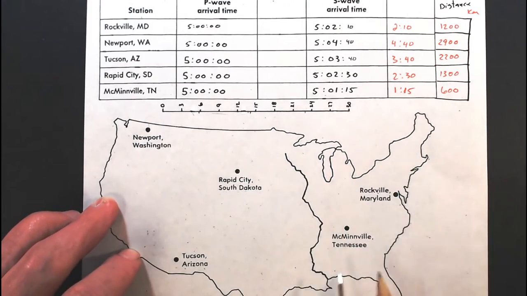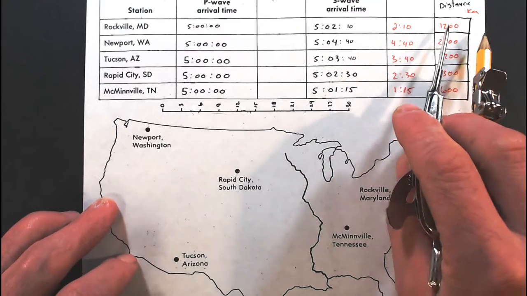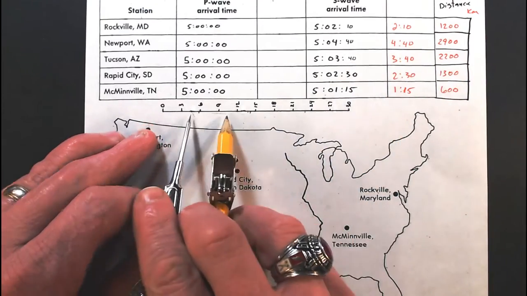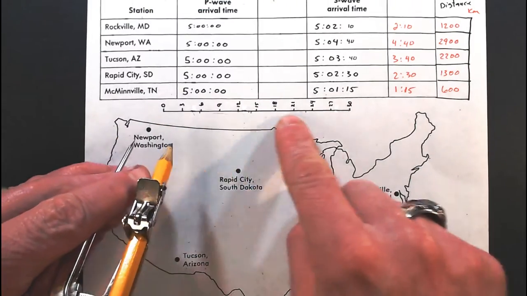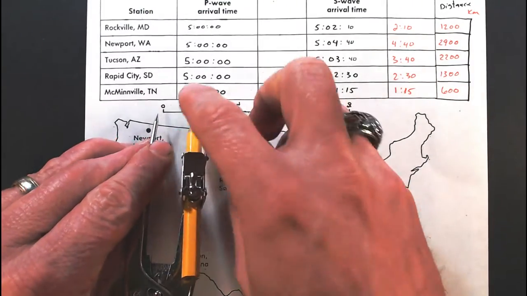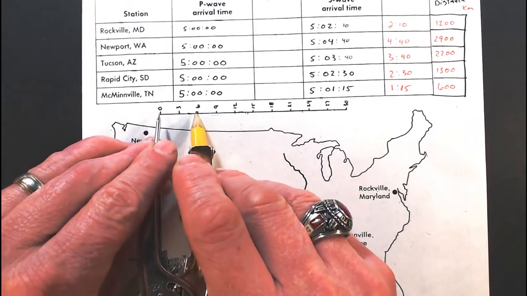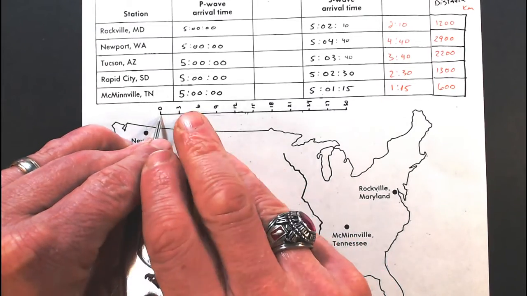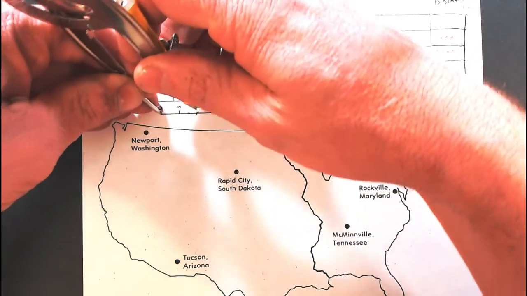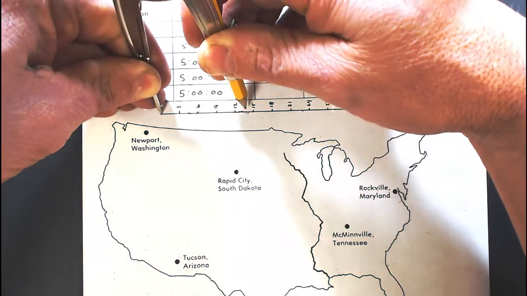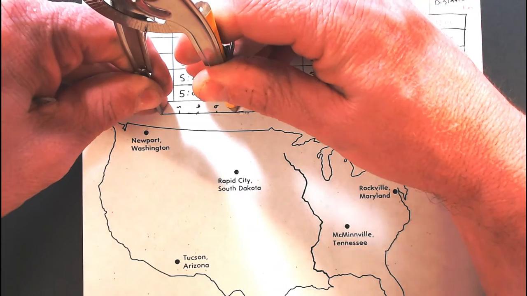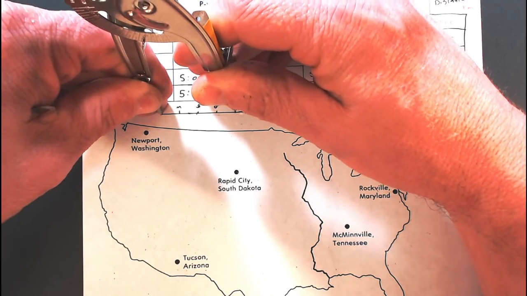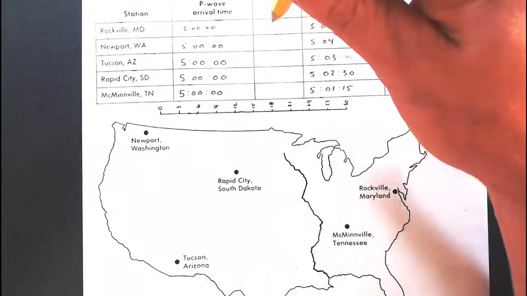So I've put this little chart right here, and what we're going to do is go to our first place, which is Rockville, and we know we're at 1200. So if you see, there's 1200 right there. These are in hundreds. So that's 300, 600, 900, 1200. So I'm just going to put a mark right here. And I'm going to come all the way to my 12, like that. Okay, and hopefully this will work, right?